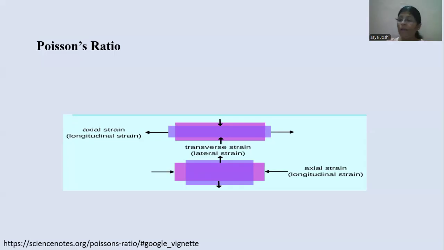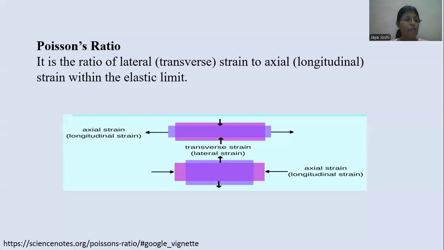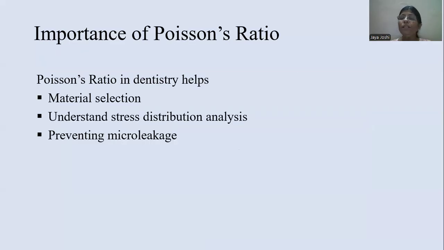In this diagram, when you are stretching something, the object will increase in length, but decrease in cross-sectional area. In the same way, if you are compressing something, the cross-sectional area increases and longitudinally it decreases. So basically, Poisson's ratio is the ratio of lateral strain to the axial or longitudinal strain within the elastic limit.